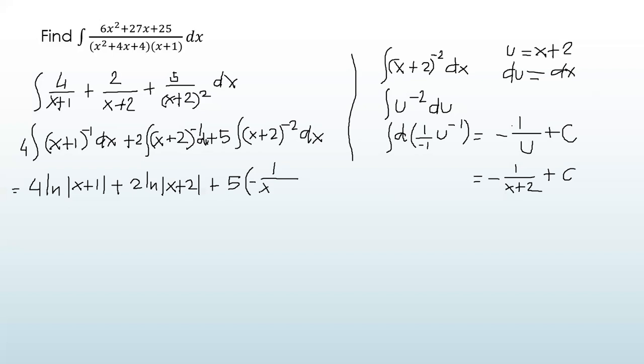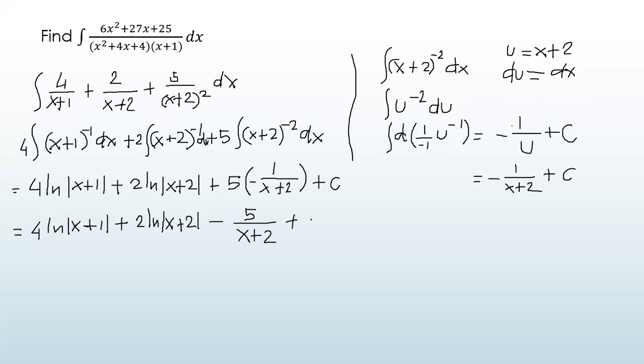So this integration becomes 5 times 1 over minus (x plus 2). And it's going to be 4 ln|x plus 1| plus 2 ln|x plus 2| minus 5 over x plus 2 plus c.